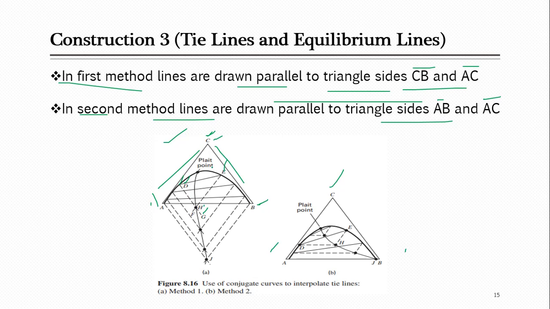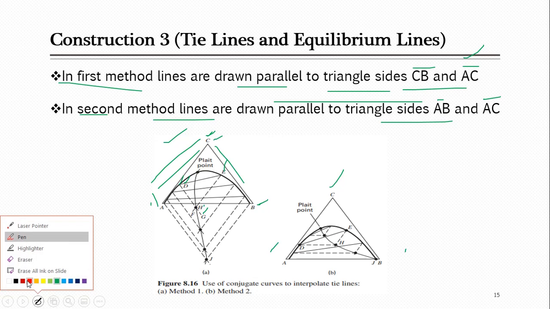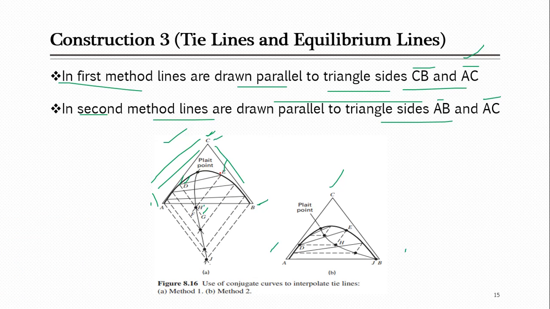As well, you can see one line which you have to draw along AC in this method. This side is AC. If I draw this line along AC, this line is E to F. Now you can see these two dotted lines are intersecting at one point, so I will just mark this point, that is H.